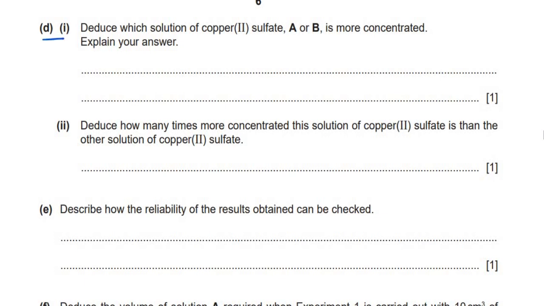Next, sub question D with 1 says, deduce which solution of copper sulfate, A or B, is more concentrated. Explain your answer. Now let's first understand what the process was before actually answering the question. Ammonia was filled in the conical flask, and we were adding solution A or B from the burette into the conical flask.